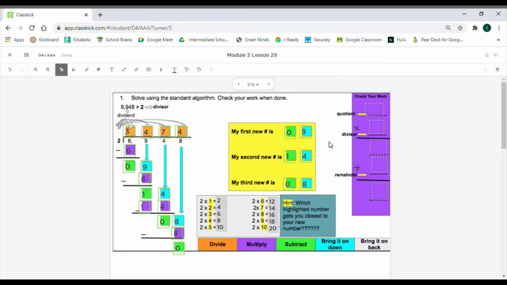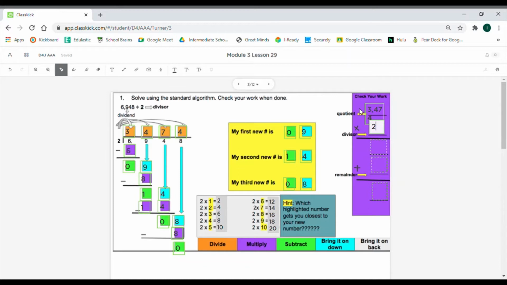Absolutely 0. You guys, we just found our quotient and we found our remainder. Let's go ahead and place those on our work. However, be super careful that you're putting in a comma, because if you don't put a comma in, it's not going to recognize your answer as correct.